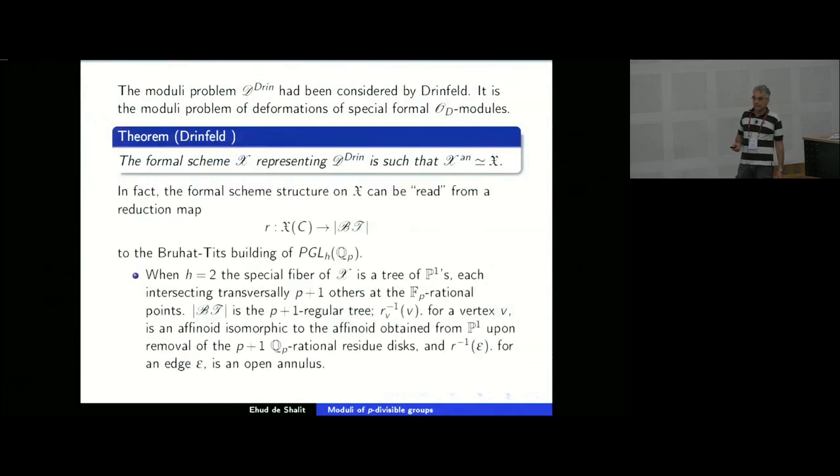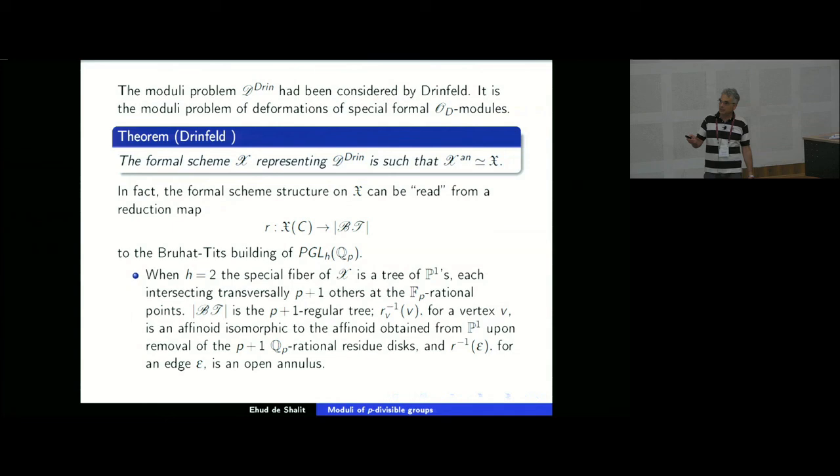And finally, the result of Drinfeld, with which I end, is that this formal scheme that we discussed is in fact the formal scheme that represents, I'm skipping a step, the Drinfeld upper half space that we described before on the level of C points has an underlying formal scheme structure, which is the formal scheme representing the Drinfeld deformation functor.